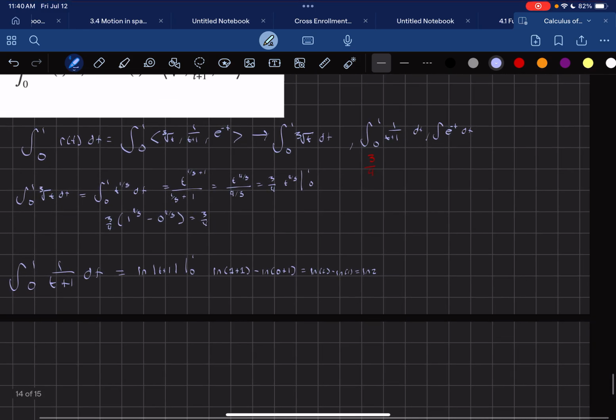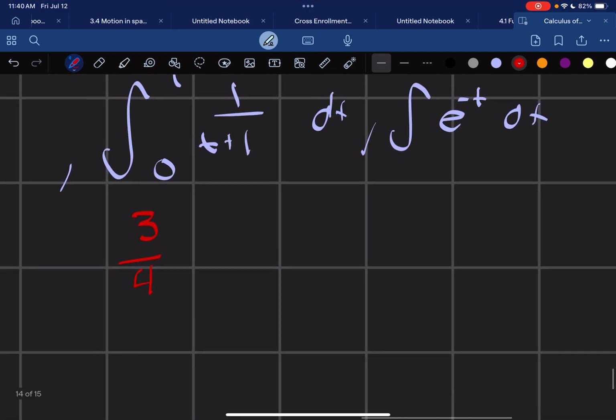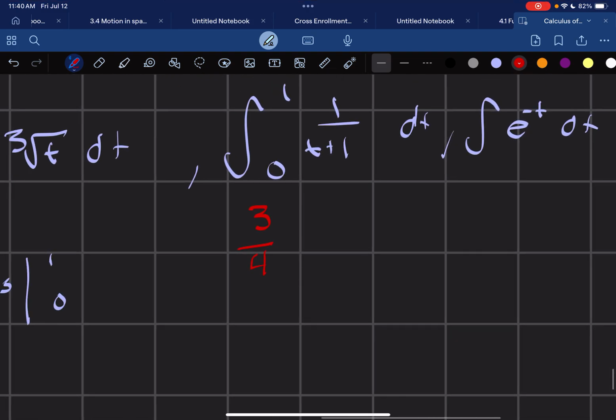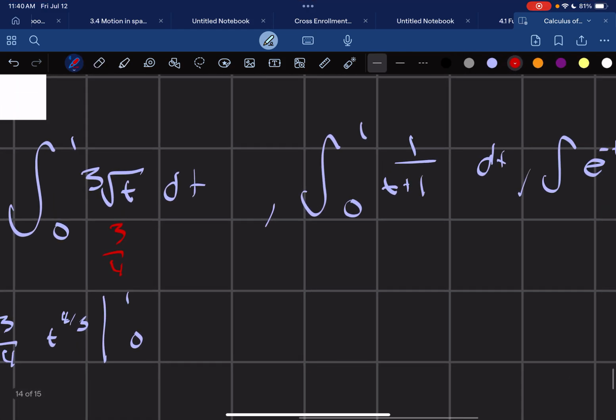So now we have this as an answer. Oh, I did the wrong one. 3/4 and ln of 2.